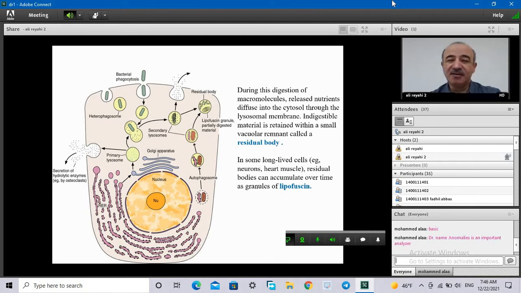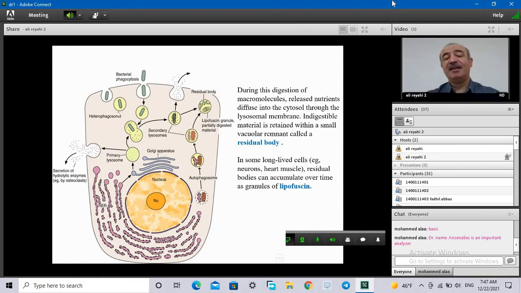You know that enzymes are proteins, and the proteins are produced with the help of the rough ER and the Golgi apparatus, which package and sort them for the lysosome within the cytoplasm, okay? This is called the primary lysosome.